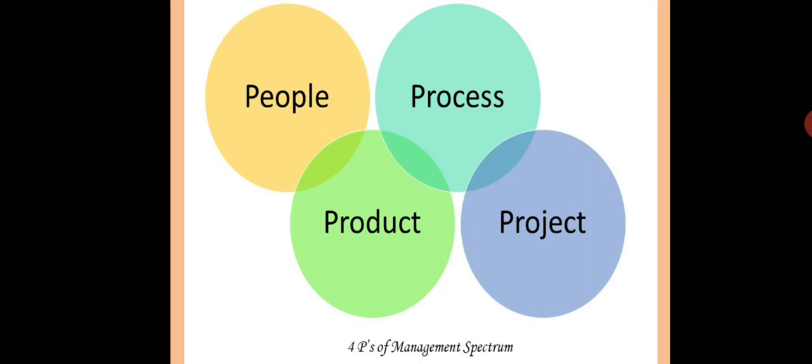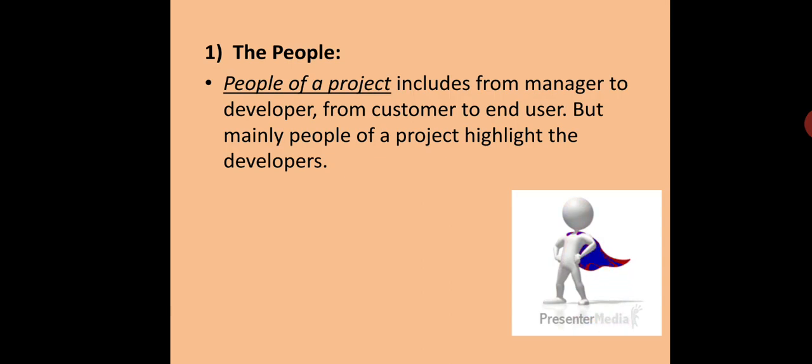Let's look into each of these P's in more detail. The first one being the people. So people of a project, it includes everybody from manager to developer, from customer to end user. Everybody, whoever is actively involved in the project or at least involved in some part of the project, is part of the people involved in the project.